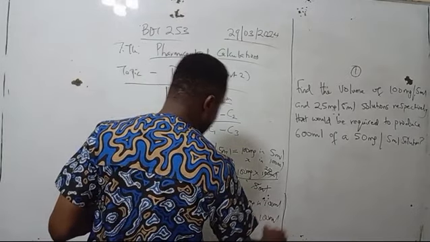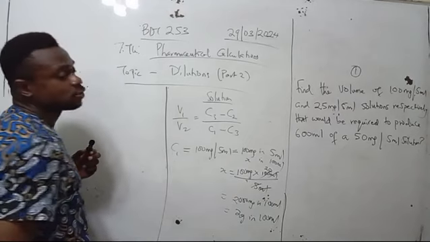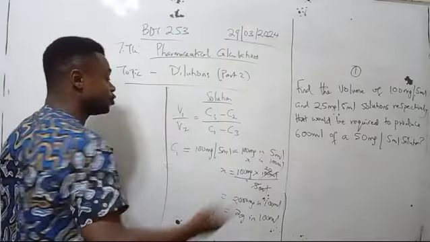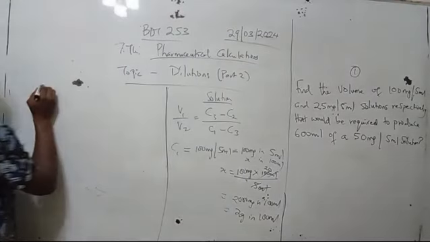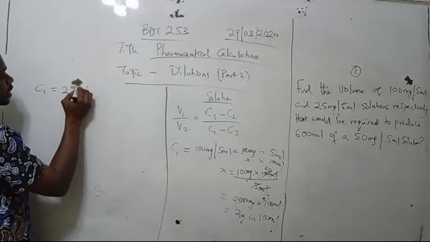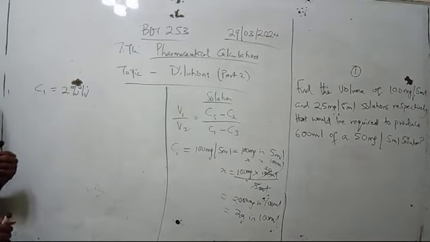So C1 is equal to 2, percent weight in volume. Then C2 is 25 milligram.